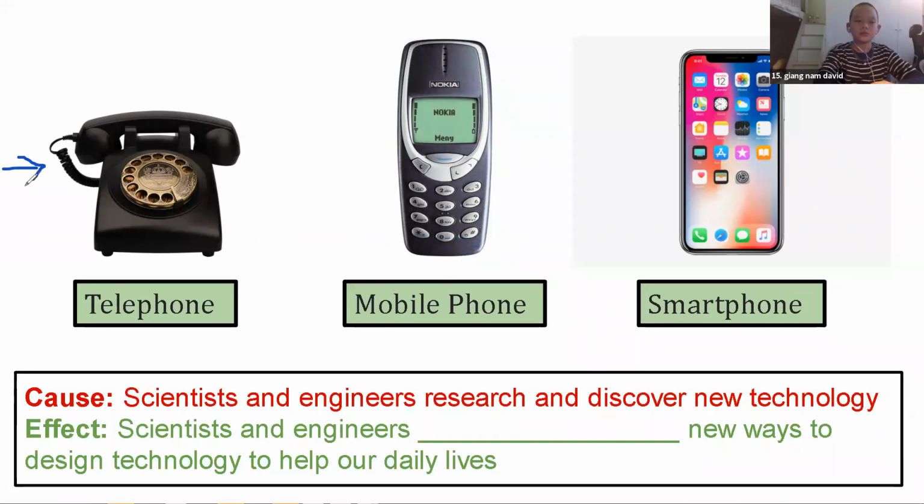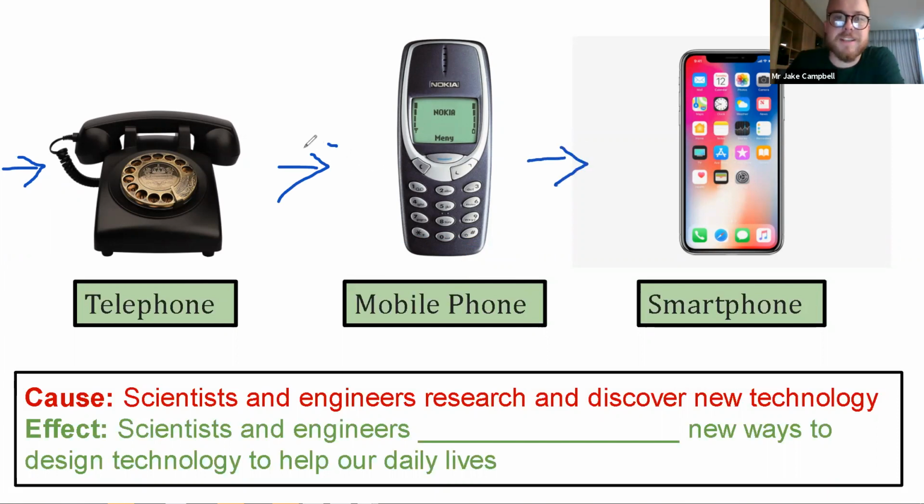The invention of the telephone, then the telephone to the mobile phone, and then the mobile phone to the smartphone. All of these arrows show an innovation, where a designer wanted to make it better and change the whole design. Steve Jobs created the first smartphone. That's right. But with the telephone and the mobile phone, that wasn't Steve Jobs.